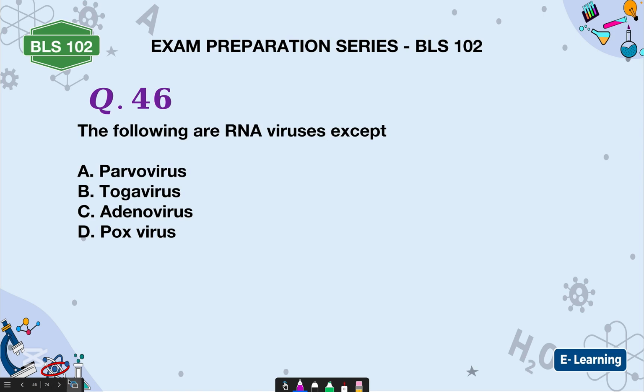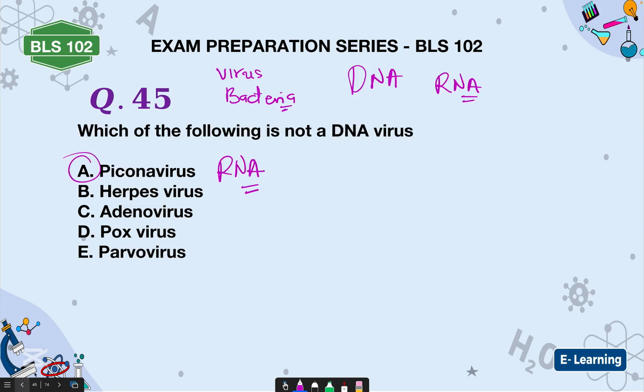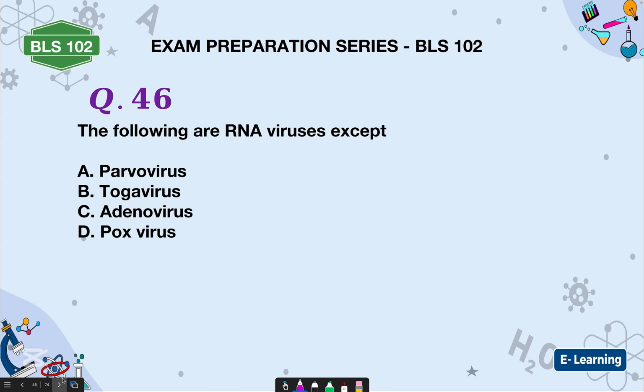Now let's see. The following are RNA viruses except. You see adenovirus here. Are you getting it? You see adenovirus, you see parvovirus. I think one of the options is wrong. The following are RNA viruses except parvovirus, they are DNA viruses.